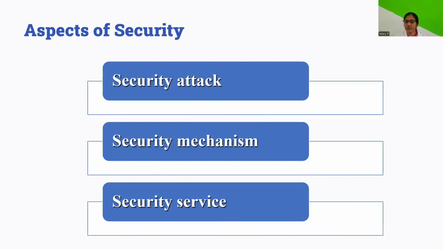Example, weak password, outdated software. So it provides the way for that particular threat. Then third one is an attack. Attack is an actual attempt to exploit the vulnerability to cause damage or gain unauthorized access. So these are the terms we must know: what is threat, what is vulnerability, and what is attack.